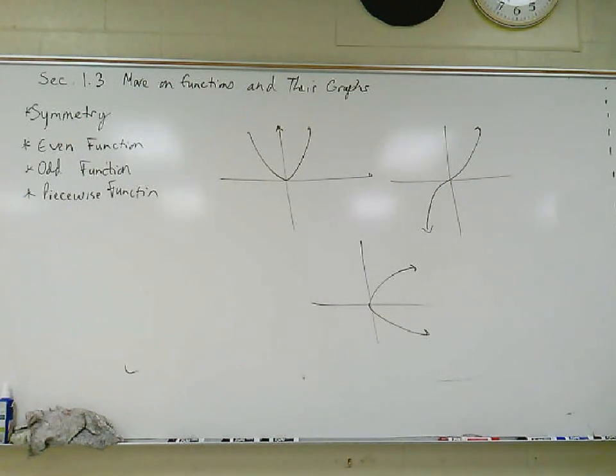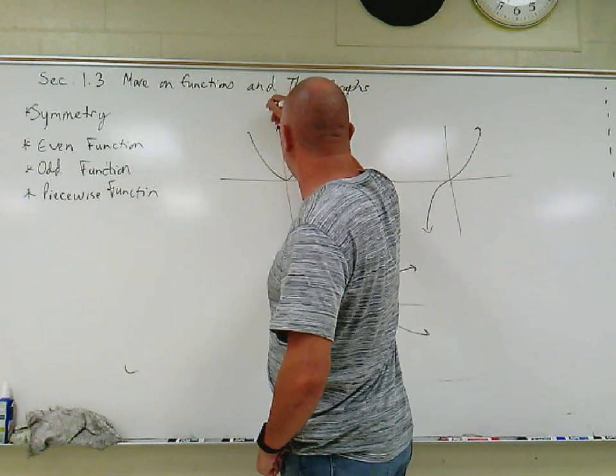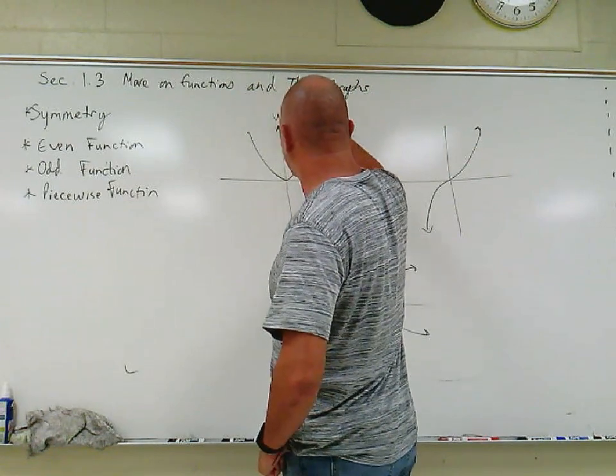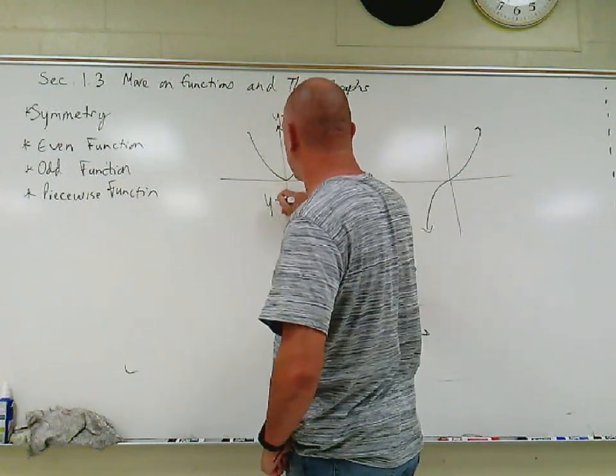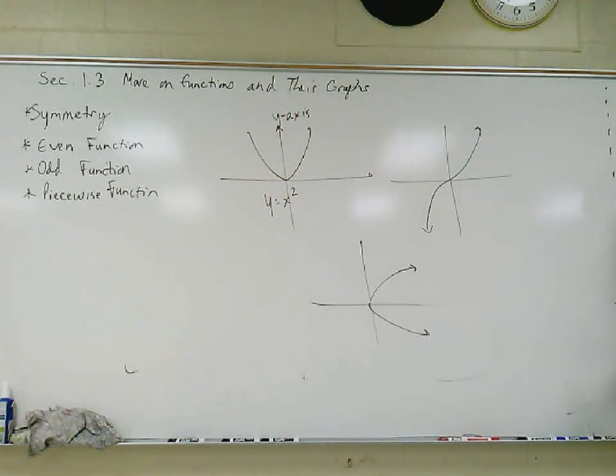All three have what we would consider symmetry around a major axis or a major indicator on the coordinate plane. So the first graph on the top left, you would say is symmetric about what? Y-axis, okay. And obviously we know what function I'm using. This is y equals x squared, okay? So that is symmetric about the y-axis.